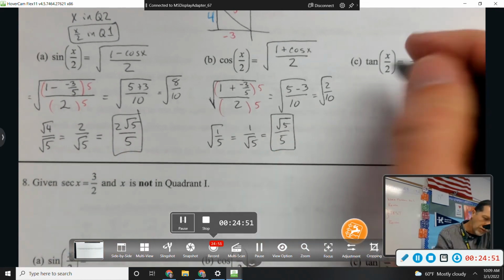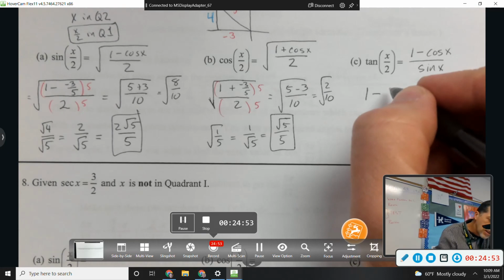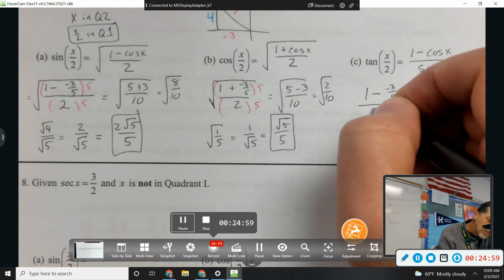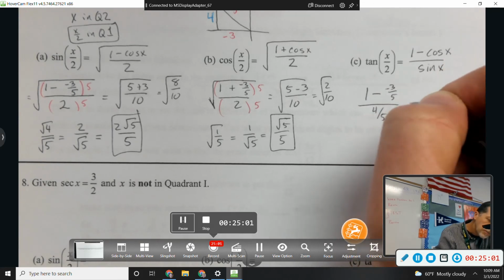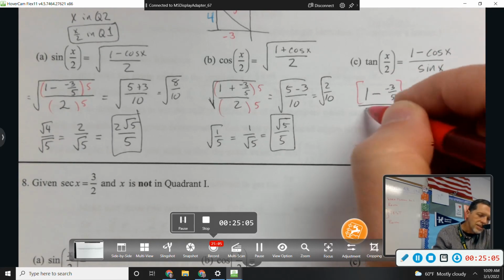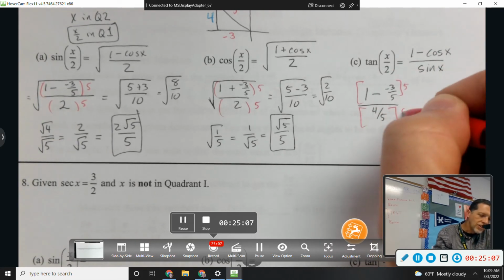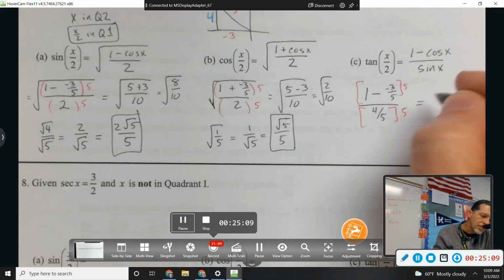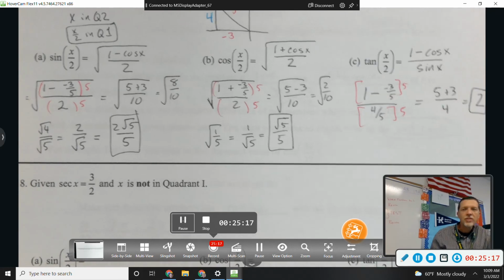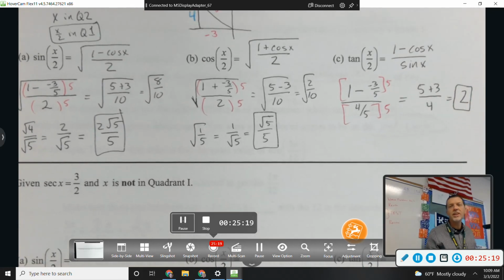We'll see what happens. 1 minus negative 3/5 over 4/5. So again, clear the fractions. Lots of clearing fractions this unit. 5 plus 3 over 4. Well, that was pretty easy. I don't know if the other way would have been any easier than that.